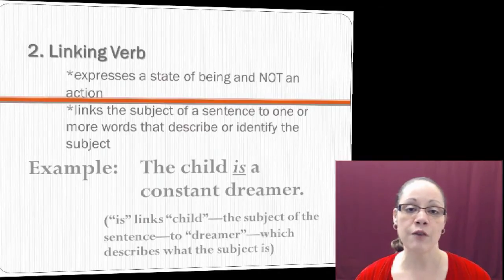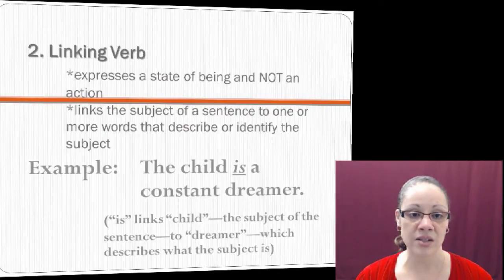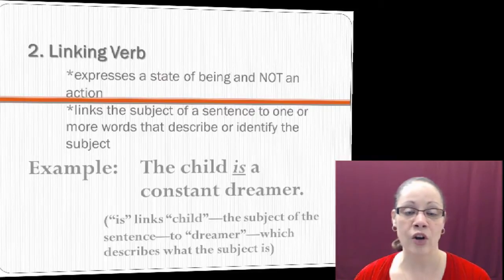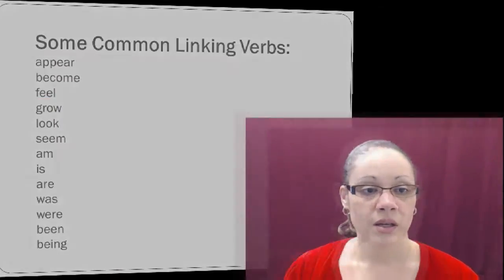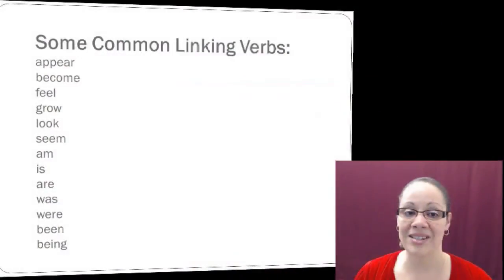So again, a linking verb will link the subject of the sentence to something that's describing or identifying it in the sentence. Linking verbs express a state of being, okay? Action verbs tell you what the subject is doing or has done, but linking verbs are a state of being.